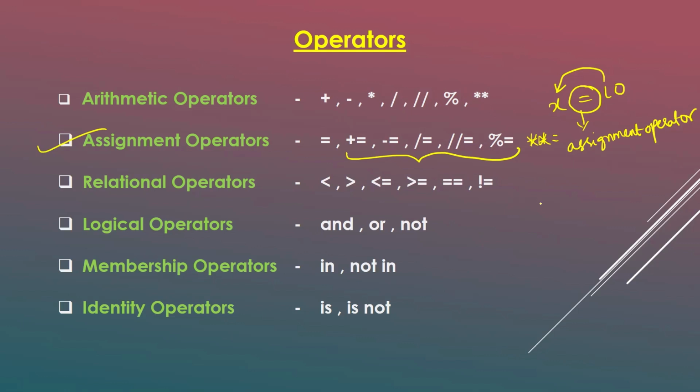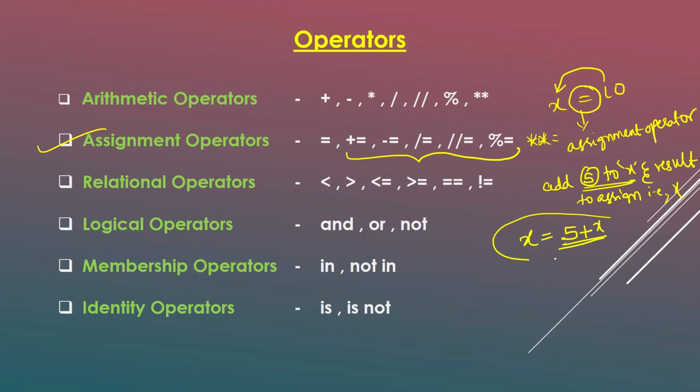The meaning here is, if I want to add 5 to the x variable and the result should be assigned to the same variable, that is x. The question I have given here is adding 5 to x, that means 5 plus x, and this result I am storing in the same variable x.